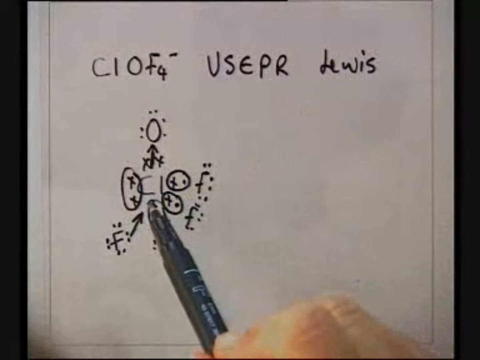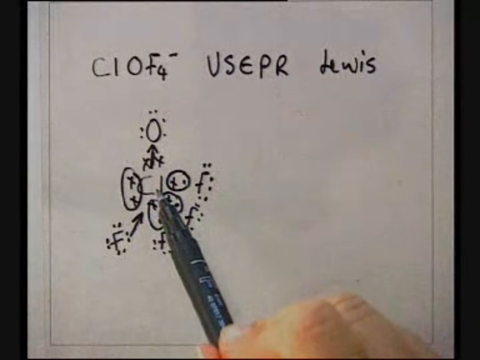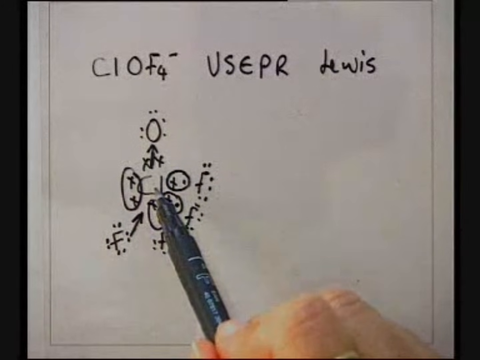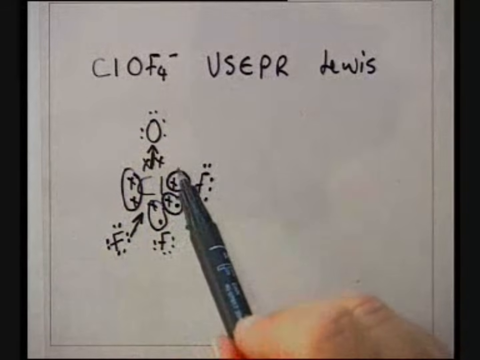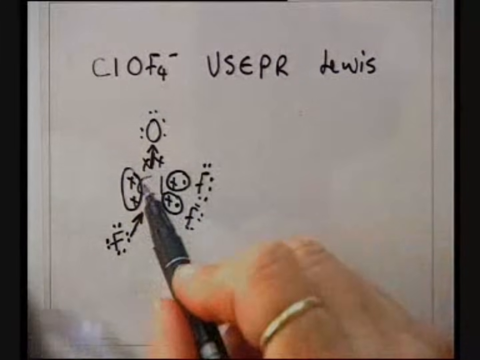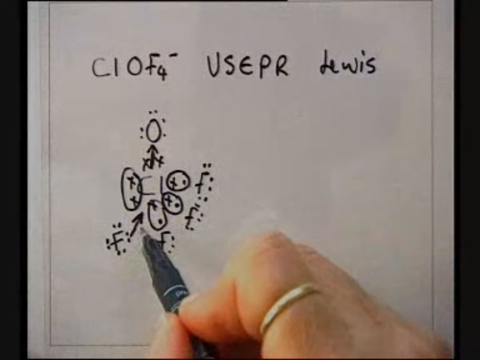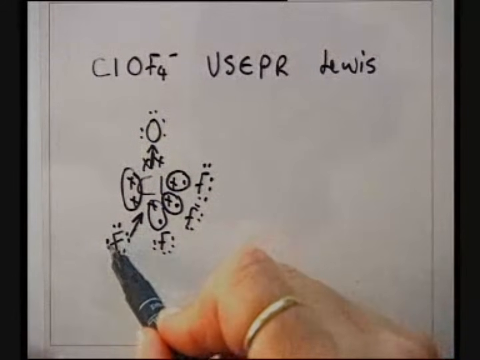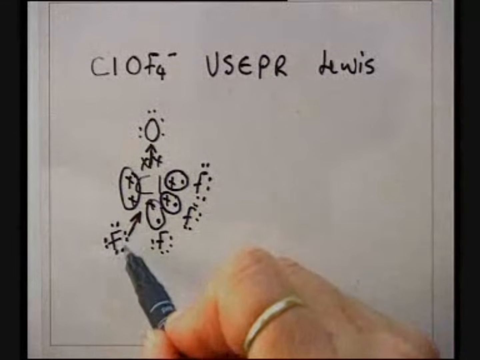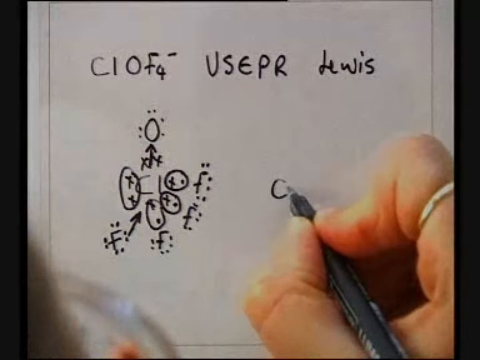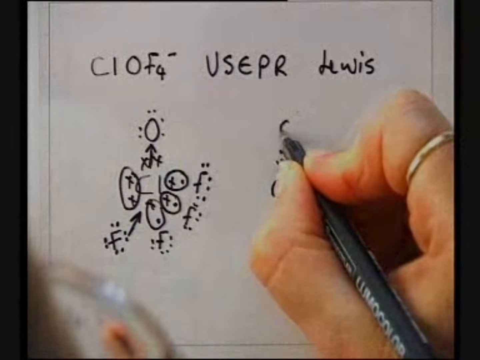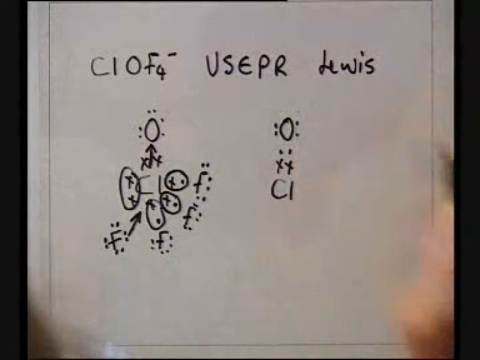When the central atom has got d orbitals and we want to predict a molecular geometry that will compare better with the molecular geometry measured in the laboratory, we change the dative covalent or coordinate covalent bond to a double bond. We do not change the dative covalent bond of the fluorine atom to a double bond because the fluorine doesn't have any d orbitals. So the chlorine atom then forms a double bond to the oxygen atom, and we have still got the electron octet around the oxygen atom.